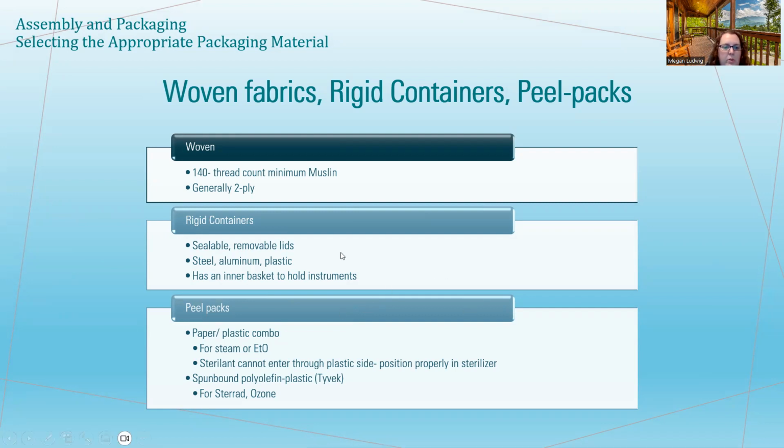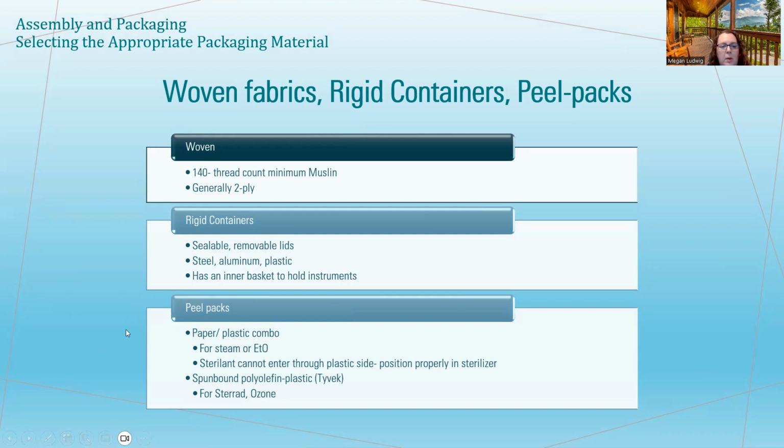With the rigid containers, we've kind of talked about, but it has the hard outer shell. We sometimes call it a casket, with inside an inner, typically metal basket that will hold your instruments. So the surge tech will, after the circulator takes the lid off, take the inner basket of instruments out and put it on their table.